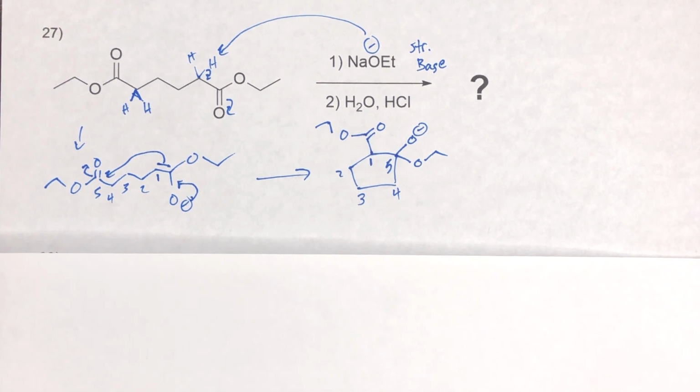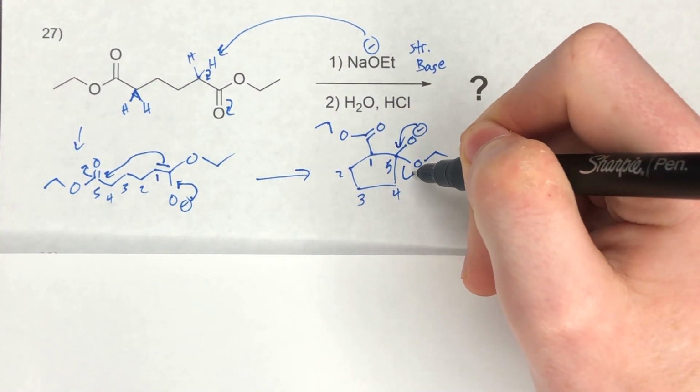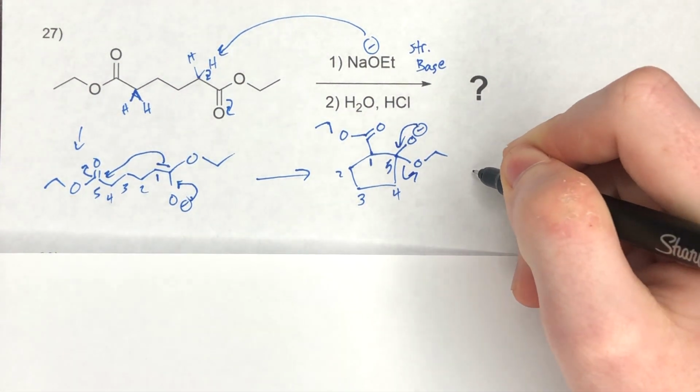So now, what's going to happen here? Well, we are in basic conditions, so we could remove the ethoxide group. And this is exactly what happens.